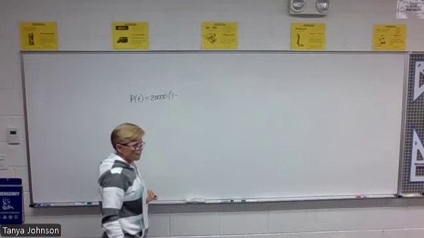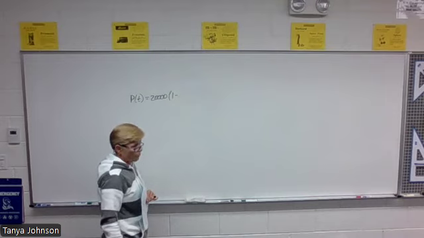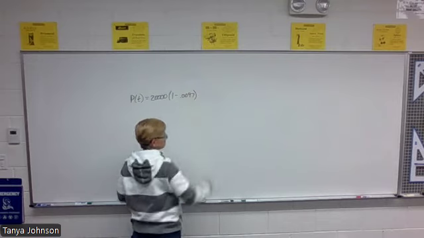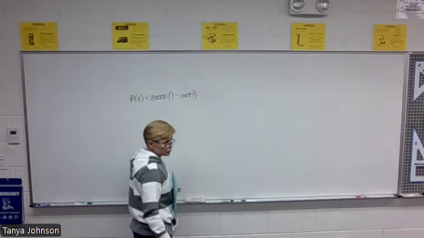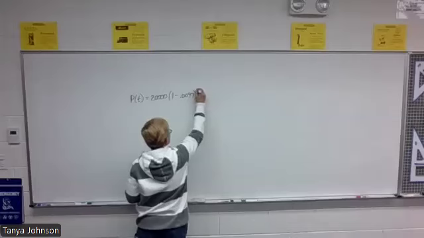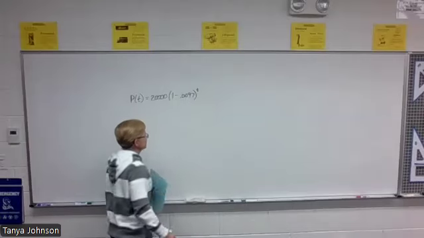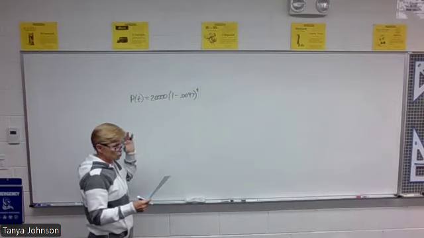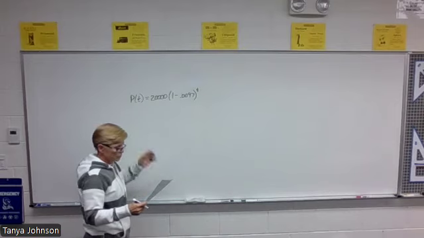It'd be 0.0097. Very good. Don't understand why that's 0.00? Raised to the t. That's what you're going to use. I don't expect to see that anywhere. This is your tool that you got to build yourself.